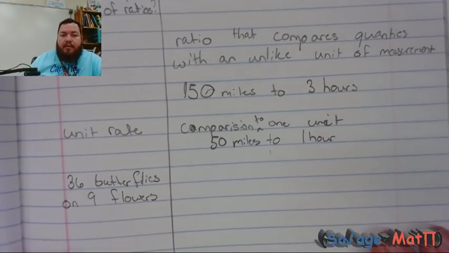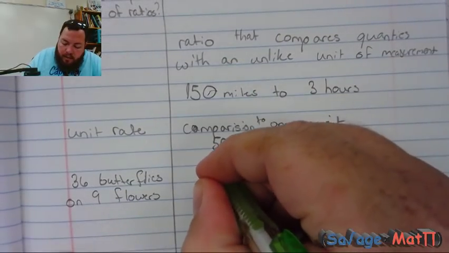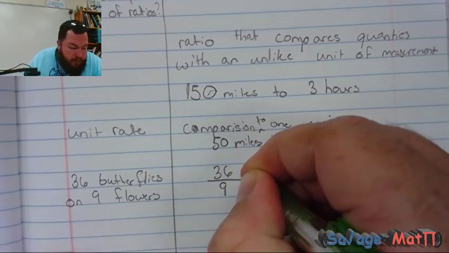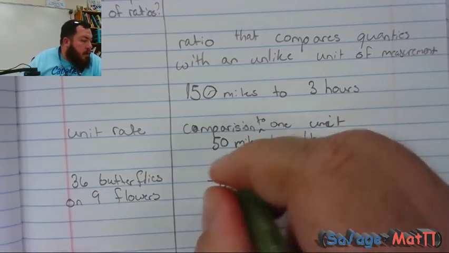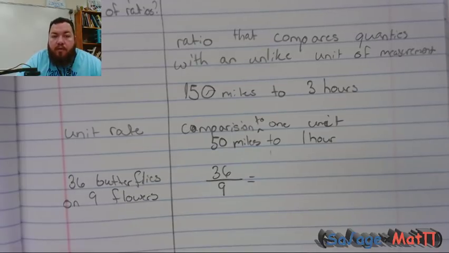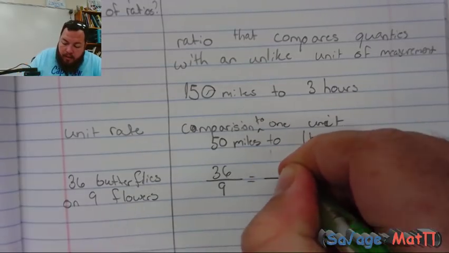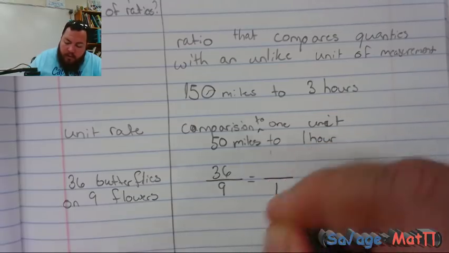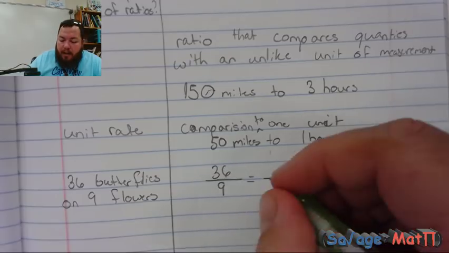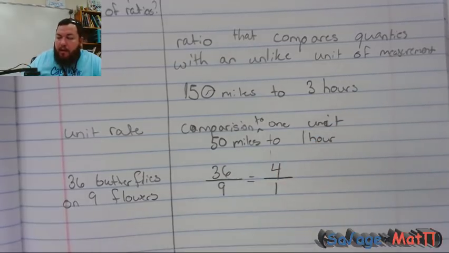The way I would write this is as a fraction: for 36 butterflies, there are 9 flowers. Then I want to find out how many butterflies are on 1 flower. So right here it would be 1. Well, I know that 9 flowers have 36, so if I do 36 divided by 9, it gives me 4 butterflies.